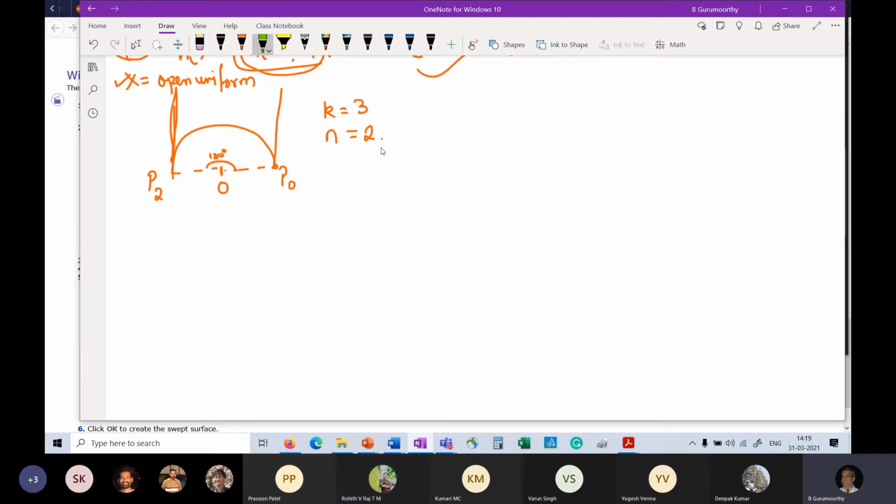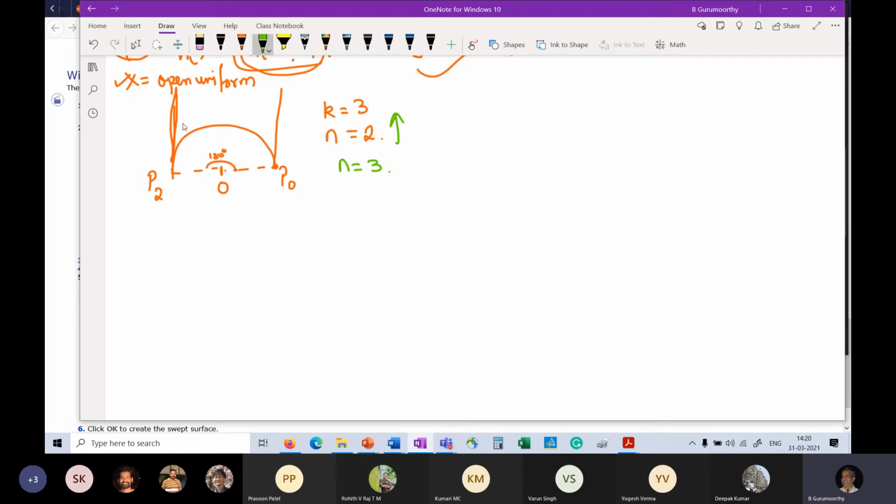So the suggestion is that, yes, indeed, I cannot do this with n equal to 2. So I need to up the number of control points. What is your pick? Since you have given the answer, what do you want n to be? 3? So which means I have 4 control points. Does that help?